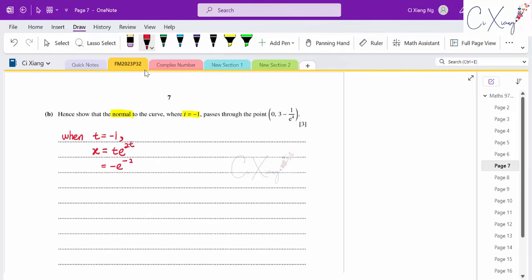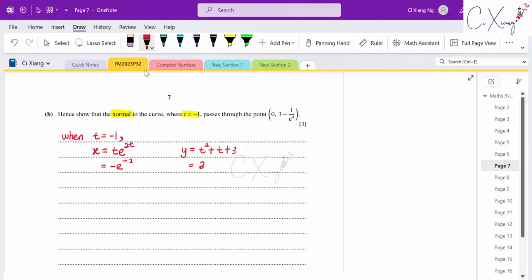This is my x coordinate. I also need to find the y coordinate when t equals negative 1. My y equation is t squared plus t plus 3, and if I substitute negative 1 for t and simplify, I get y equals 3. This is the x and y coordinate when t equals negative 1.